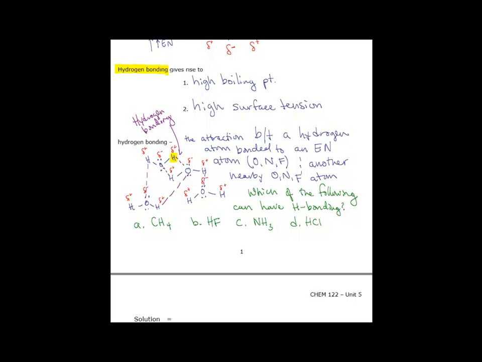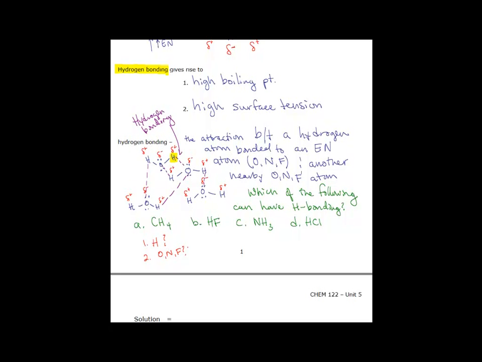Do you have hydrogen? Well, let's see. A, B, C, and D. All of these have hydrogen, so we're not going to get off that easy. The next step would be to look for electronegative atoms. So do you have O, N, or F present? Because if you don't have those atoms present, you're not going to have hydrogen bonding.